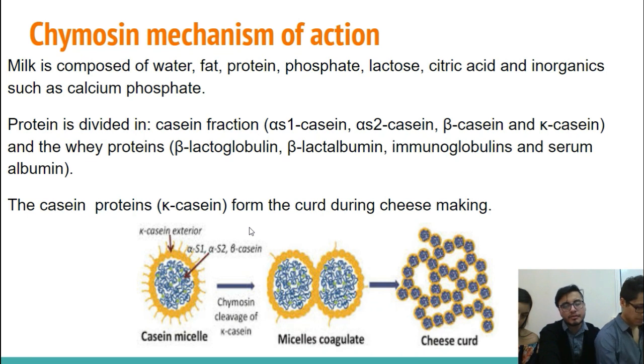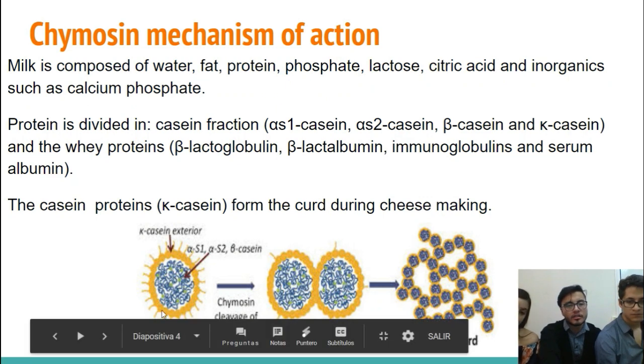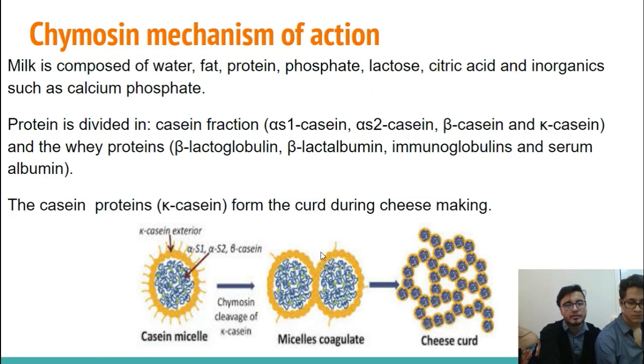But if people use lemon, for example, they can change the taste of the product. So a better way to do it is using chymosin, because this enzyme can take down the negative charges and also attack the K casein, allowing the micelle to coagulate.